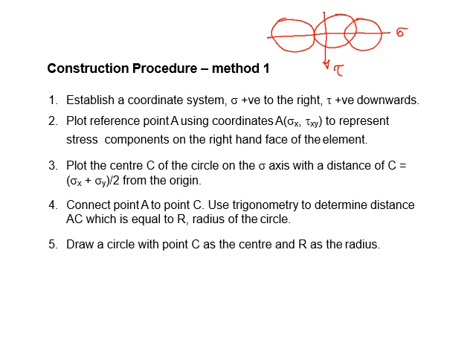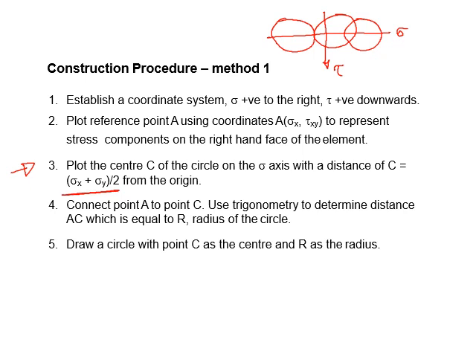Okay, then after determining the coordinate system and also the location of the axis, what you then do is go to step 3, plot the center of the circle. Now the center of a circle is just the point where you find the average value of the normal stresses.